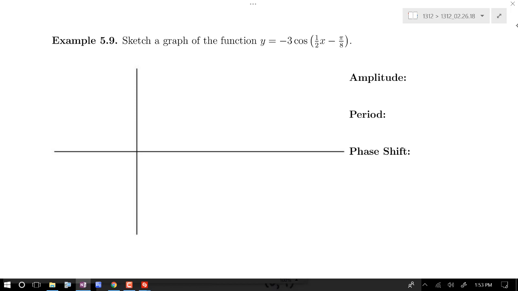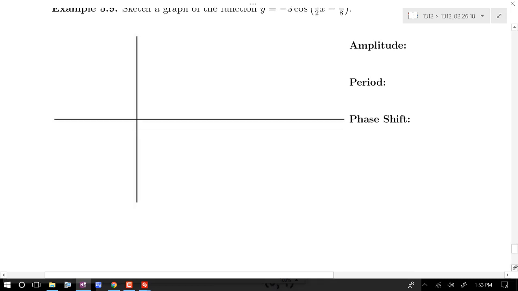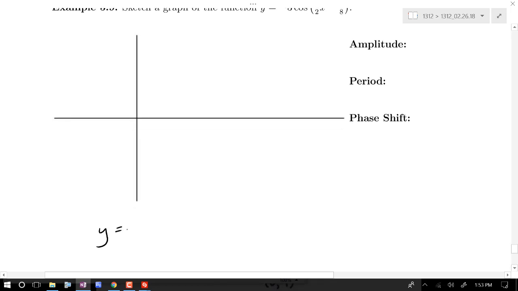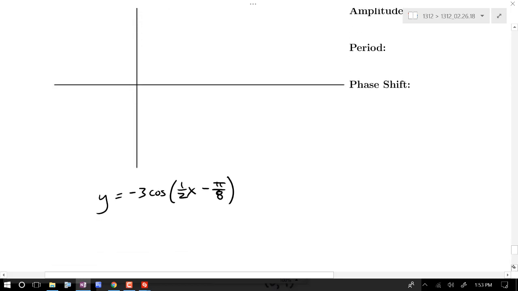So the first thing I'm going to do is actually rewrite this function. I'm going to do it down here where I have a little bit more space. So they gave us -3 cosine of 1/2 x minus pi over 8. Okay. So what I want to do is rewrite this by factoring out the 1/2 from the argument, so it still remains inside the cosine.